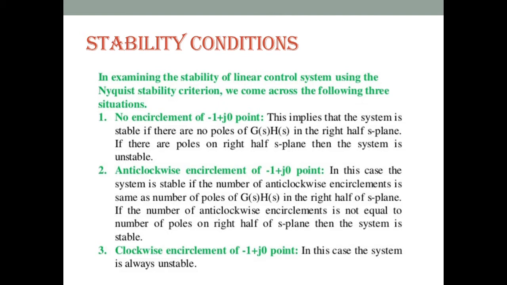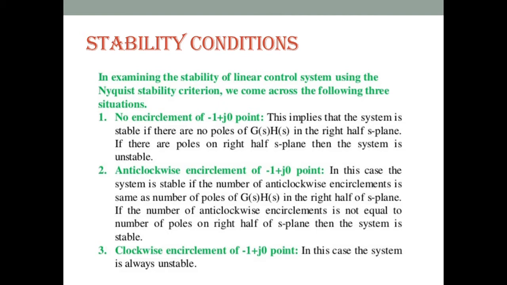And if we consider the anticlockwise encirclement of the -1 plus j0 point, then the system is stable if the number of anticlockwise encirclements is the same as the number of poles of G(s)H(s) in the right half of the s-plane.